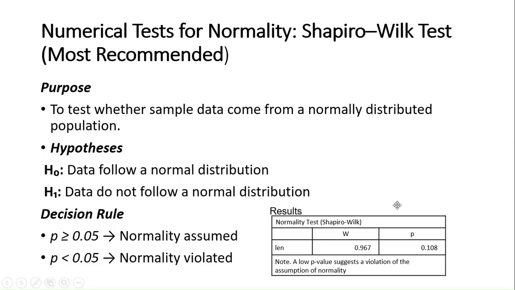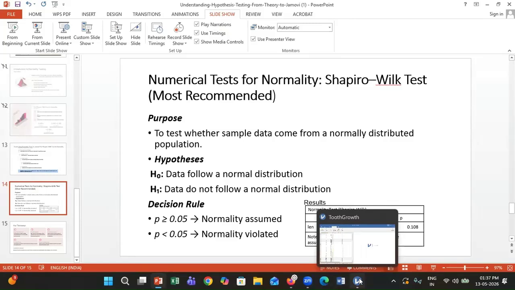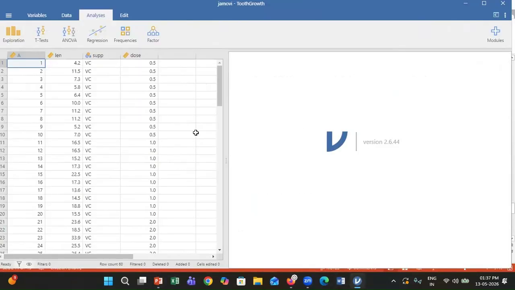Let me perform this test using Jamovi. I am using the famous inbuilt data set of tooth growth of guinea pigs. I am using the continuous random variable, the tooth length.